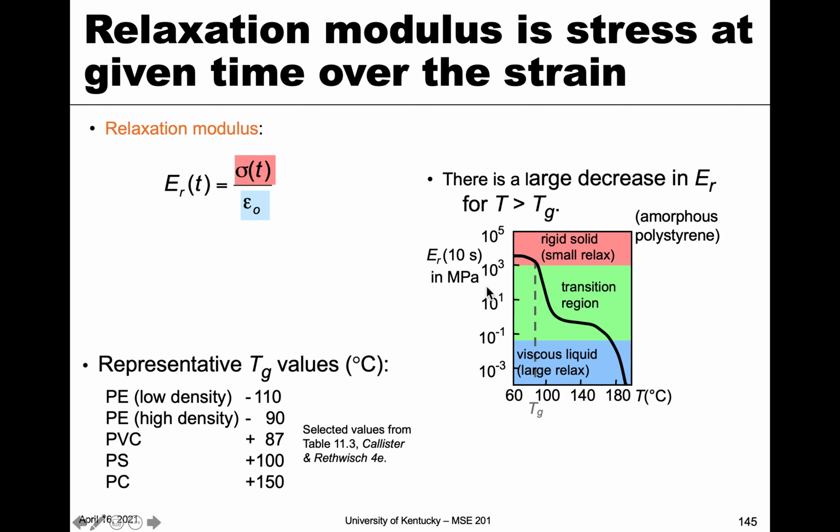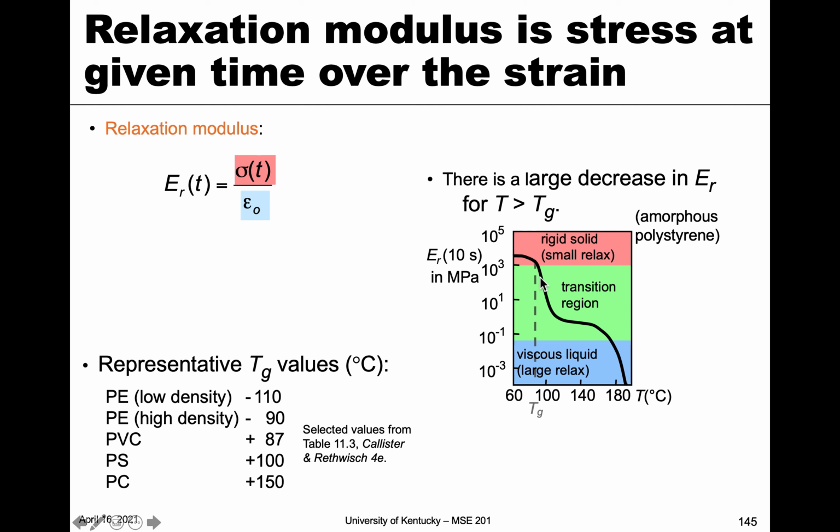But what we see is that this relaxation modulus is also going to be a function of temperature, because we know that as things go closer and closer to Tg and beyond, there's more viscous behavior. And so this is what this graph is showing you: in this region up here, where the temperature is low, the relaxation modulus is high and pretty constant until it reaches the Tg, which gives us that long range motion.